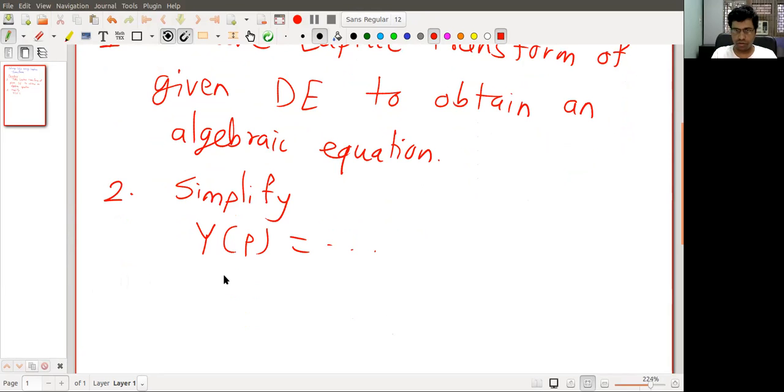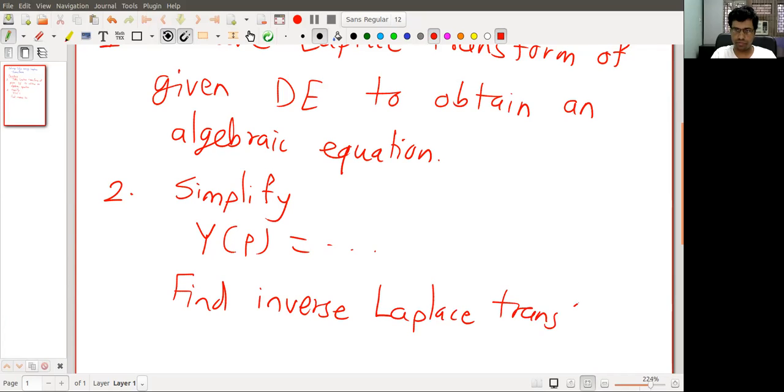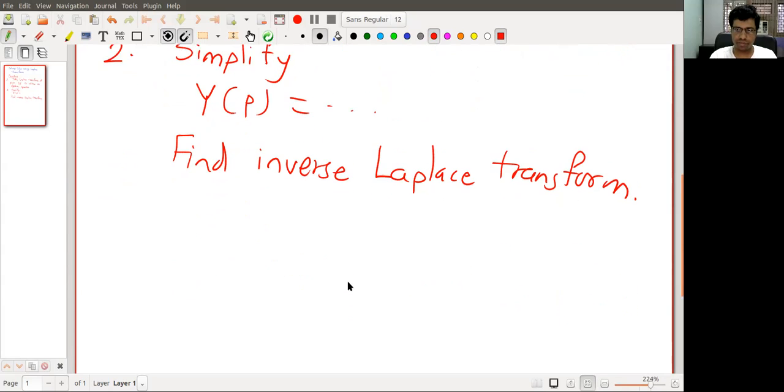And find inverse Laplace transform. So that you will get y of x is equal to some function of x, which is a required solution. Let us solve some examples.